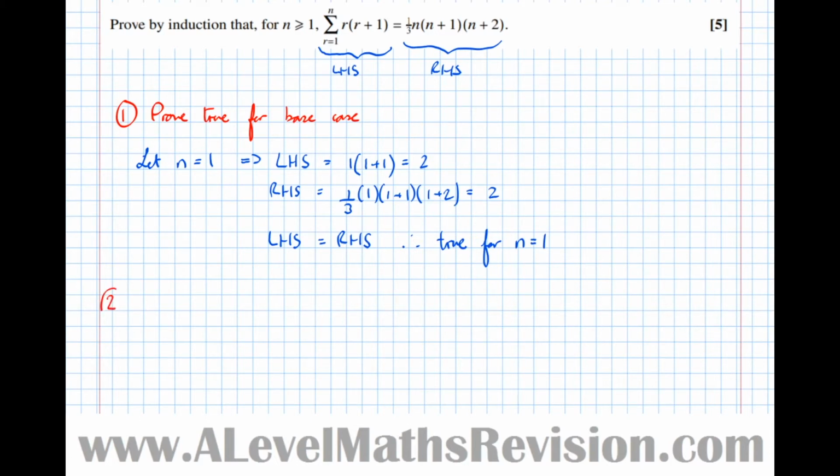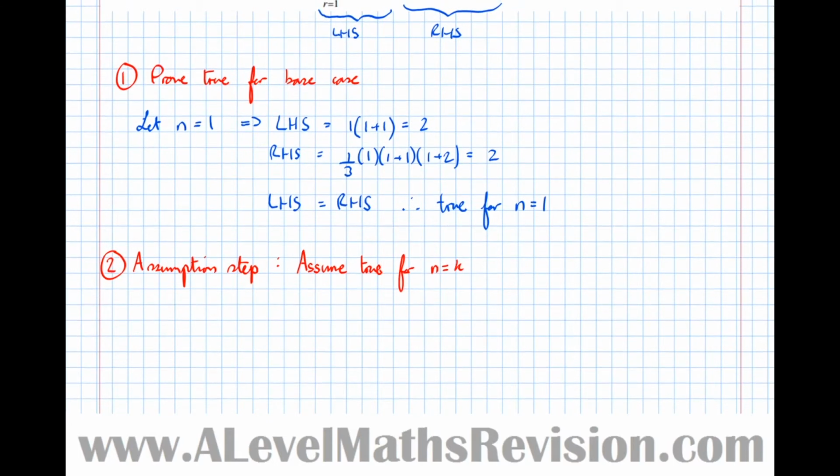So the next step now is the assumption step, where we assume true for n equals k. So we're going to let n equal k and assume true.